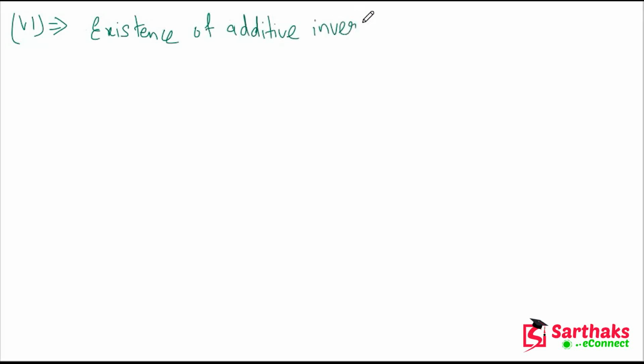Now let's move on. Our next property, the sixth property, is the existence of additive inverse. So what is additive inverse?